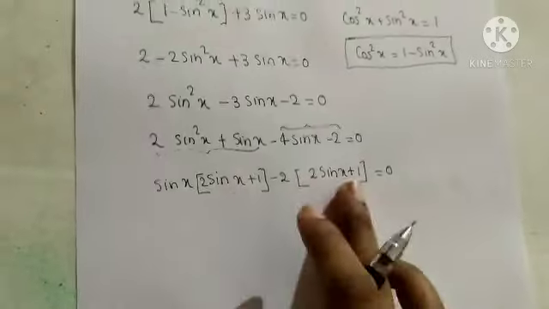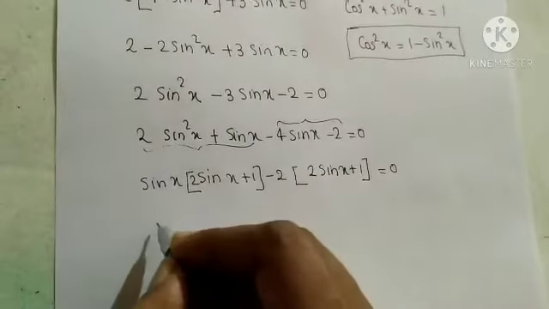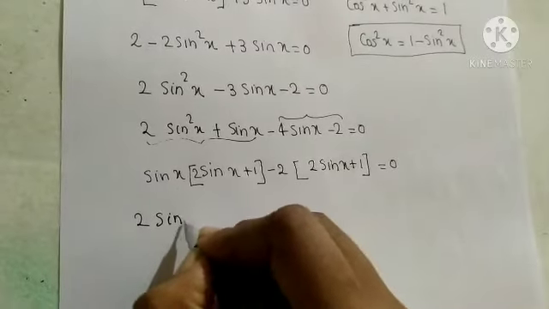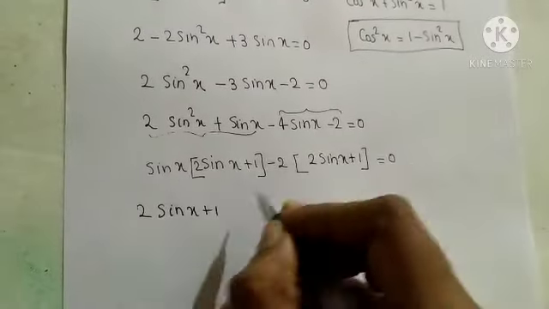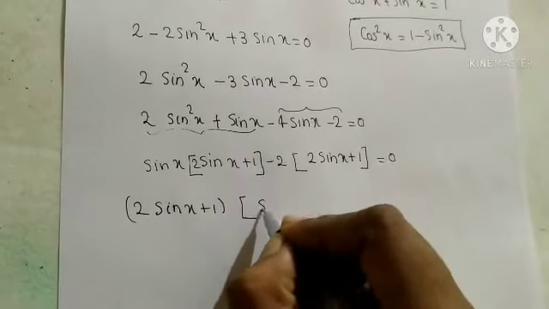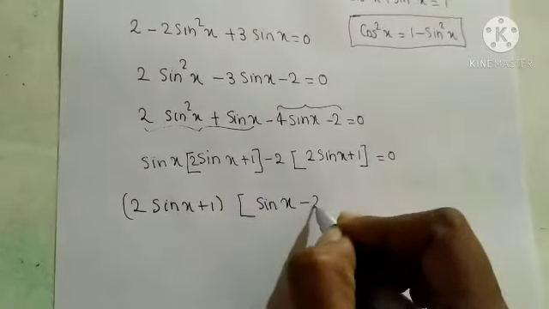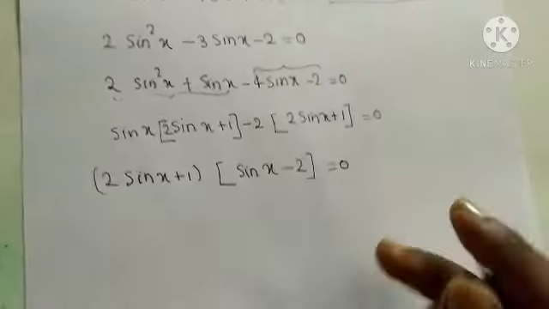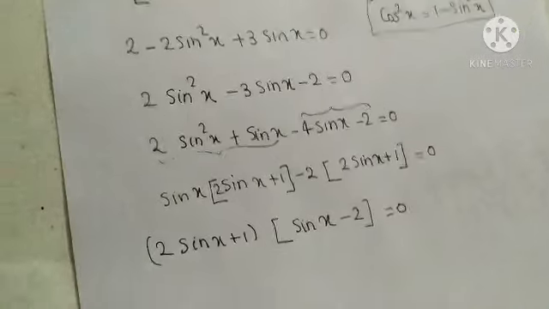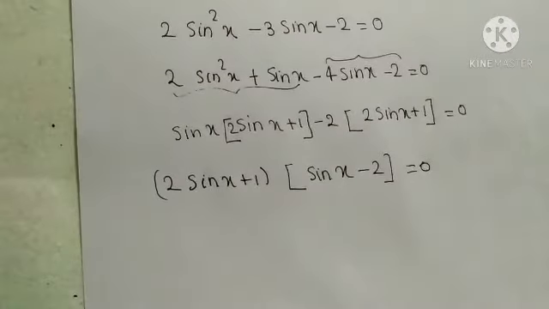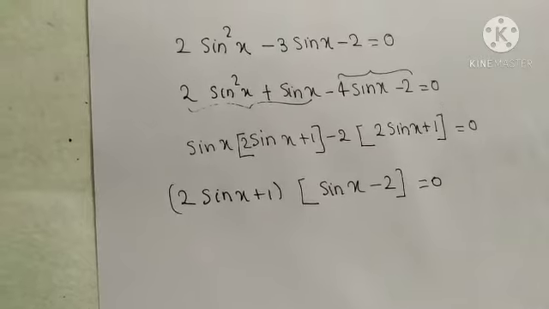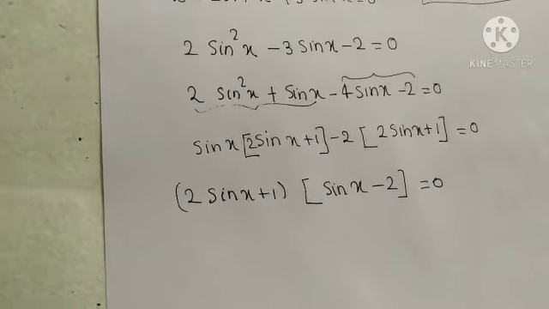If you observe, the 2 sin x plus 1 term is common. Taking it from these two terms, we get (2 sin x plus 1)(sin x minus 2) equals 0. Solve means we need to find the value of x.